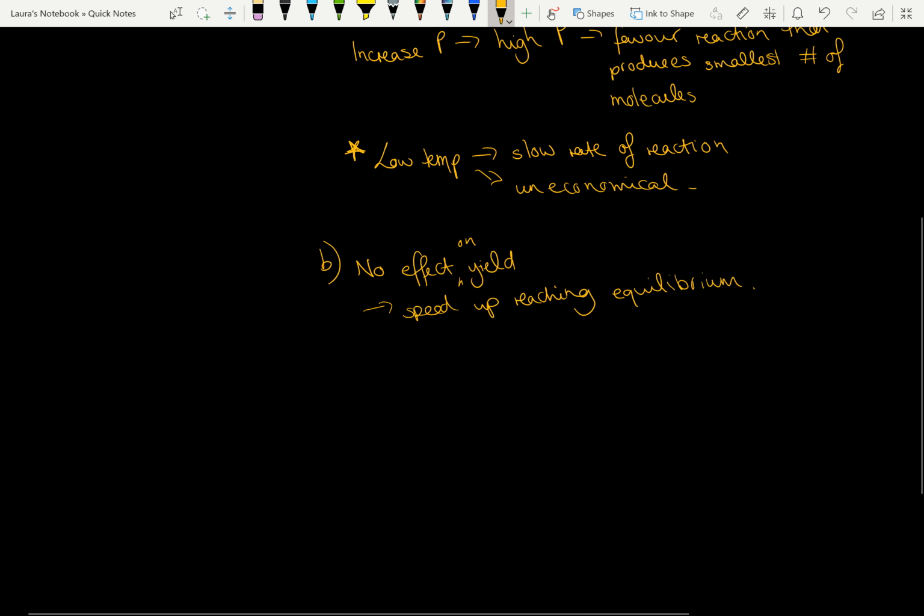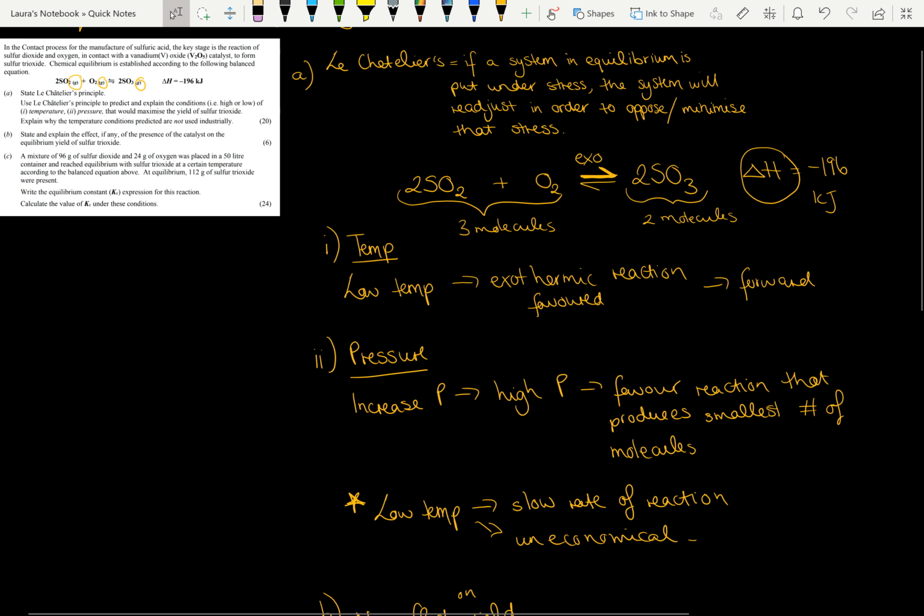The final question then is our equilibrium calculation. This one is slightly different to any of the ones that we've met so far, in that they give us the grams of our reactants, and they also give us the grams of our product at equilibrium. They ask us to first write the equilibrium constant, and then calculate the Kc under these conditions.